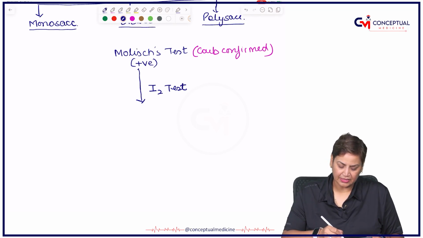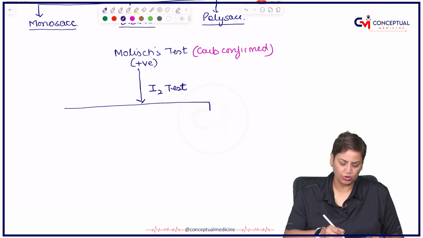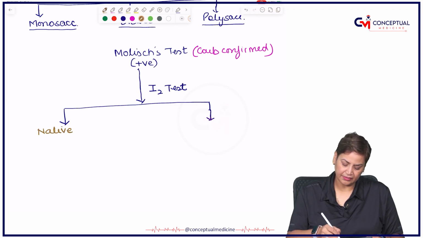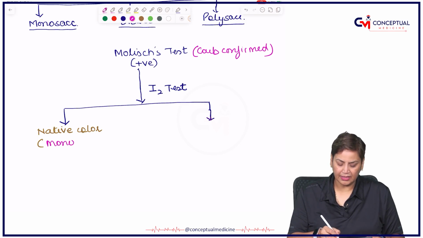If the test solution gives a yellow color, the native color of iodine, that means it can be a monosaccharide or a disaccharide.